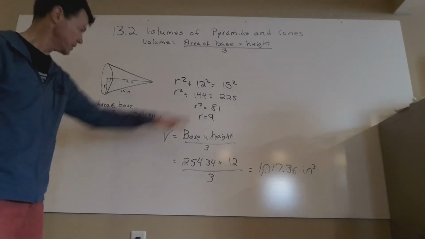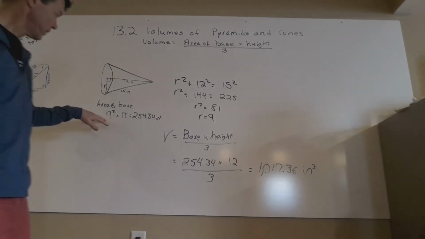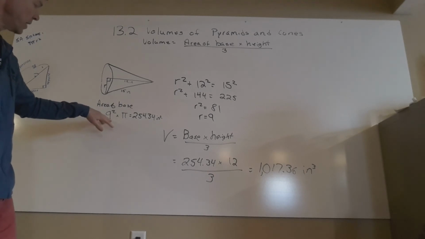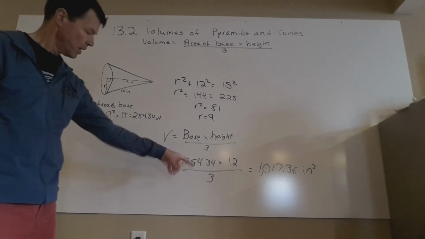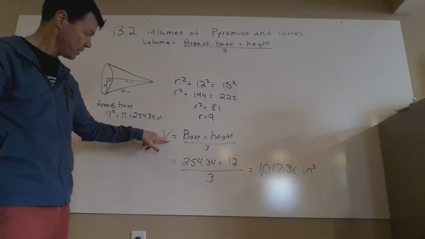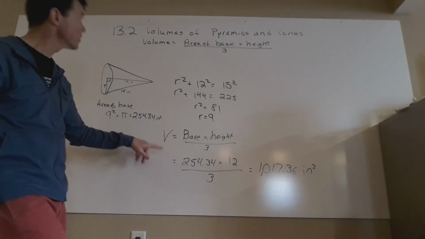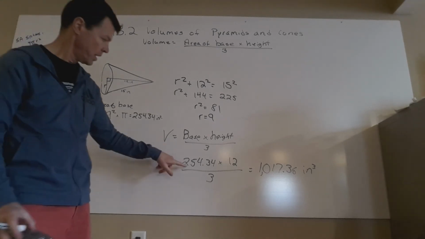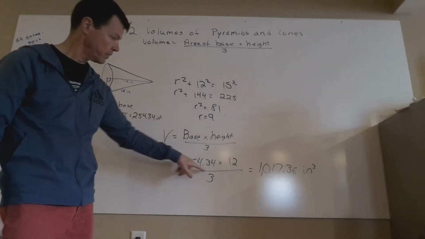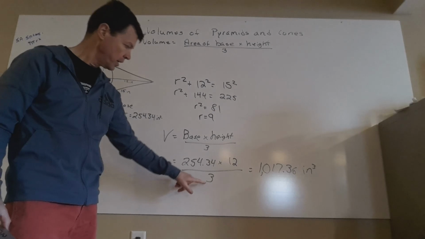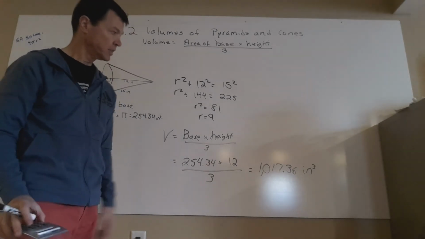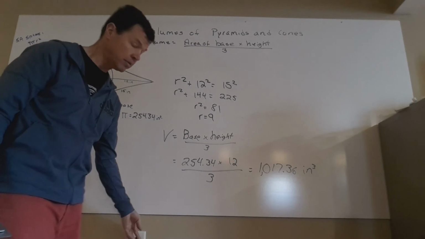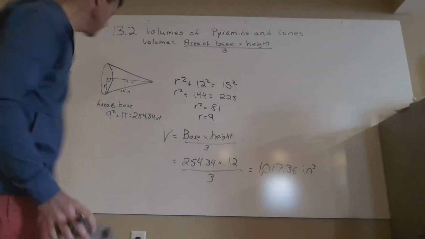We figured out radius is 9. Use that to calculate your area of the base. 9 squared times pi, 254.34. And using our volume formula for a cone or pyramid, it's the same thing. Area of the base, 254.34 times our height, 12, divided by 3, 1,017.36 inches cubed.